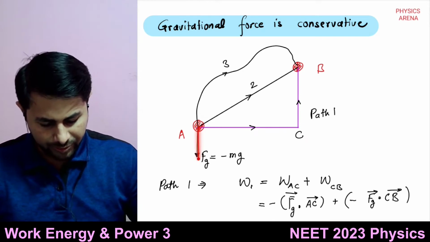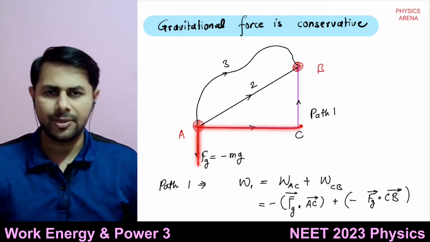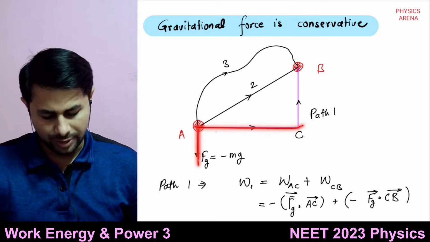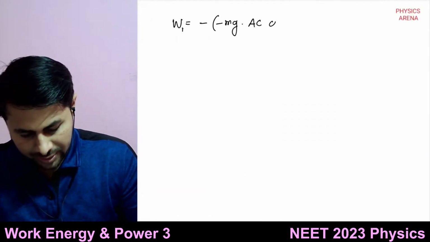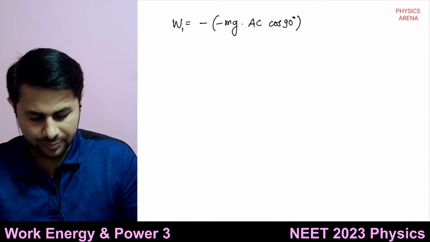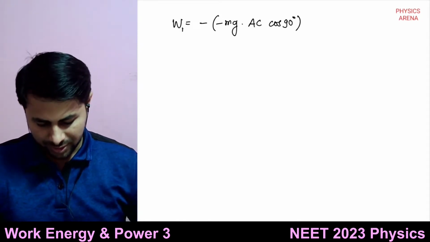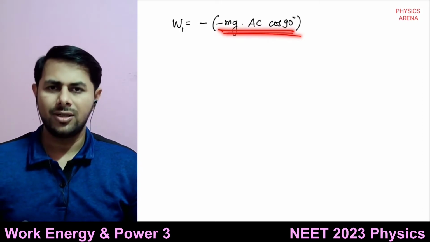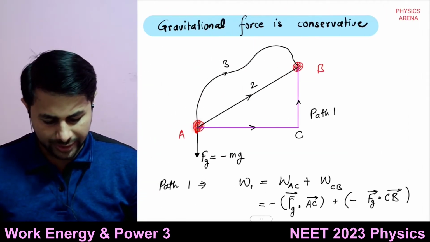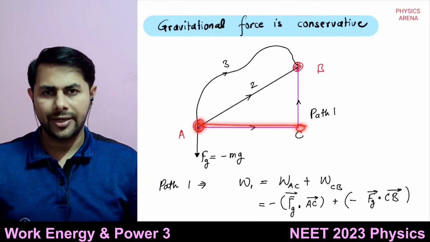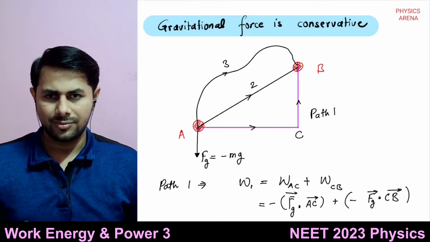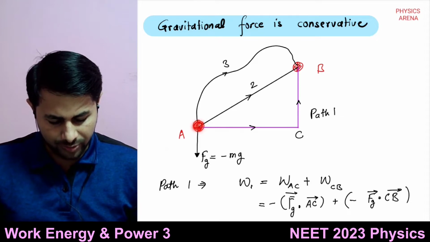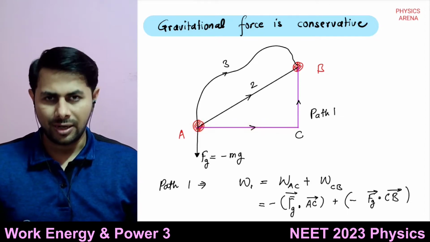And what is angle between force and this displacement? It is 90 degrees, right? And what is cos of 90? Right? It is 0. So that means work done to move this ball from point A to the point C against the gravitational force is equal to 0.